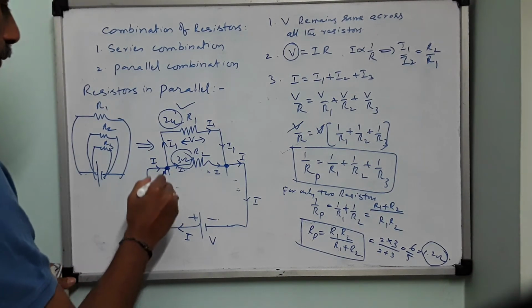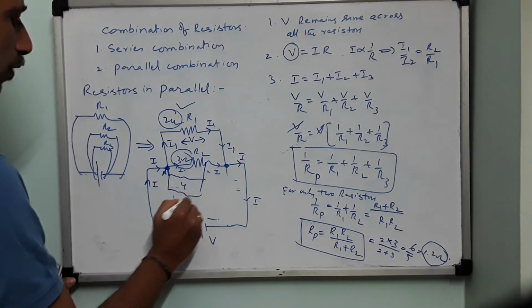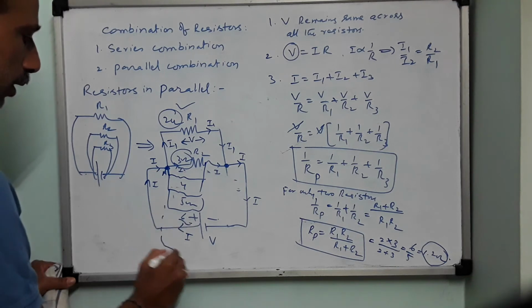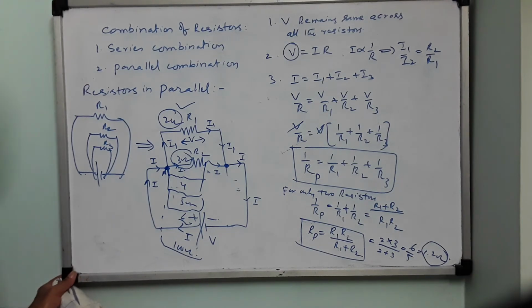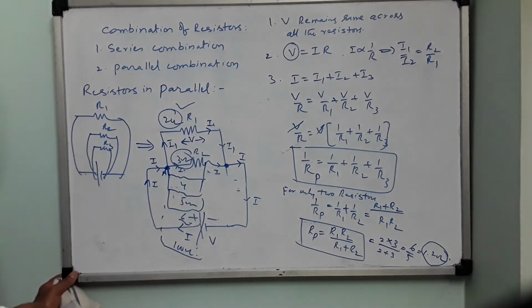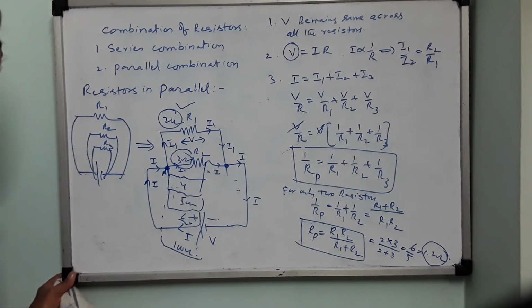Suppose here is 3 ohm, here is 4 ohm, here is 5 ohm, here is 6 ohm, and like that, here is 100 ohm. Like this, all of them are connected in parallel. Now if I ask you, what would be the effective resistance of this combination? 2, 3, 4, 5, 6, 7 up to 100, all of them connected in parallel.